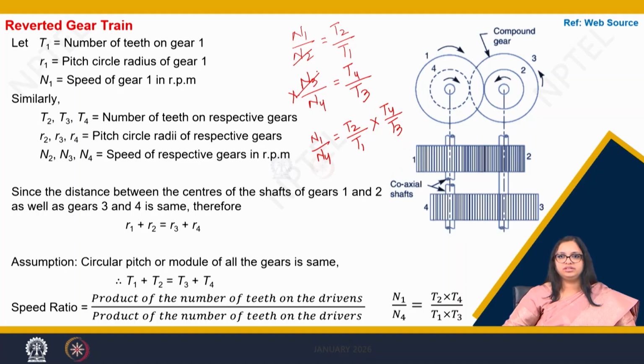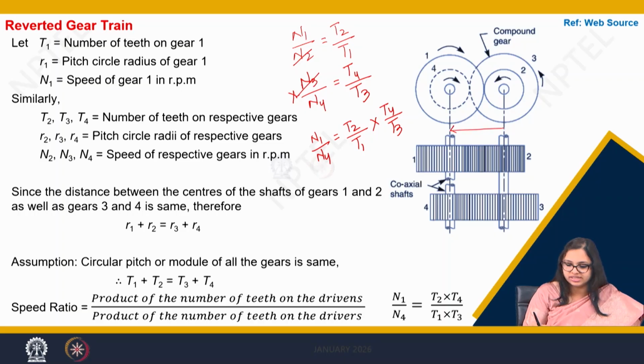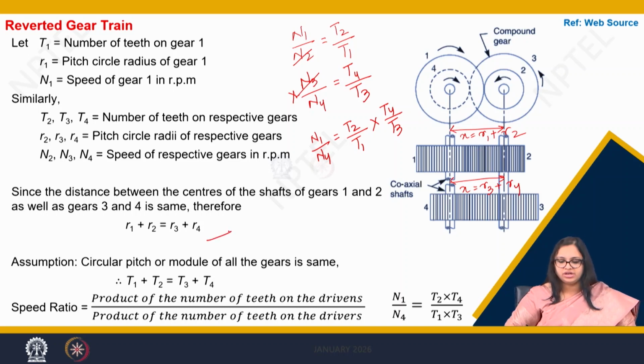Well, there is also another relation that we may see here, that is the center distance. Since the center distance is same, here my x is equal to R1 plus R2. Now here again we have the same x which is equal to R3 plus R4. So you can find this relation R1 plus R2 is equal to R3 plus R4. Now let us assume that the module of all of these gears are same, that is M1 is equal to M2 is equal to M3 is equal to M4.